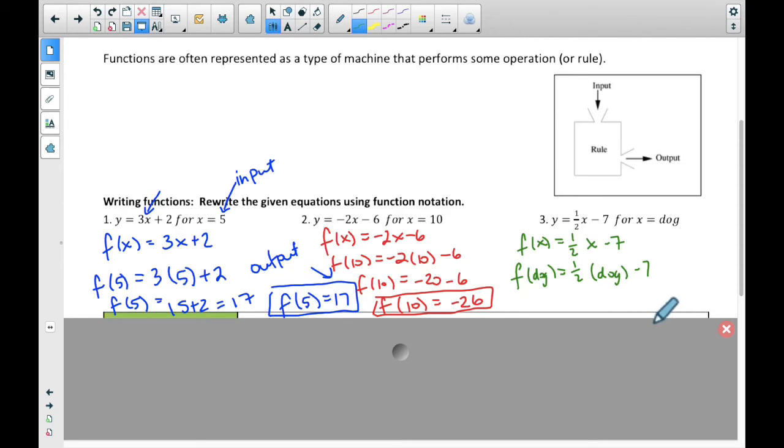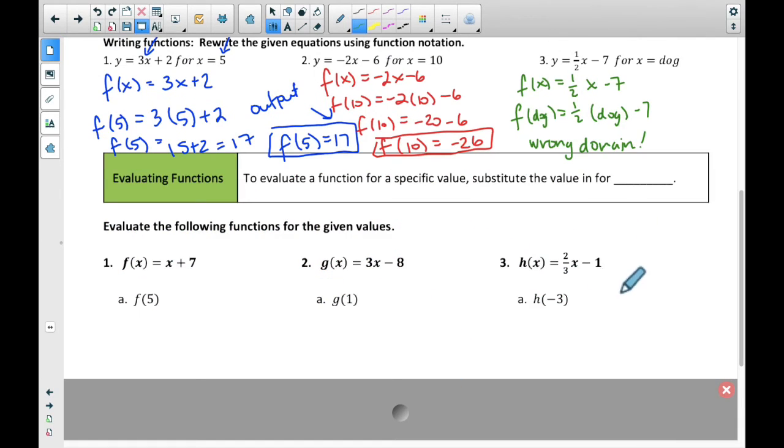Okay, it just makes no sense. So one thing we think about when we talk about functions is the domain. That is, what could you plug in? So dog is the wrong domain. We can't take 1/2 a dog. It doesn't make any sense. But over here, 5 works, that's part of the domain. 10 works, that's part of the domain. Dogs, not part of the domain.